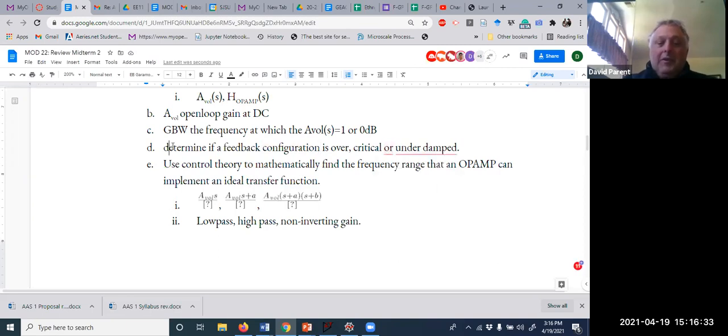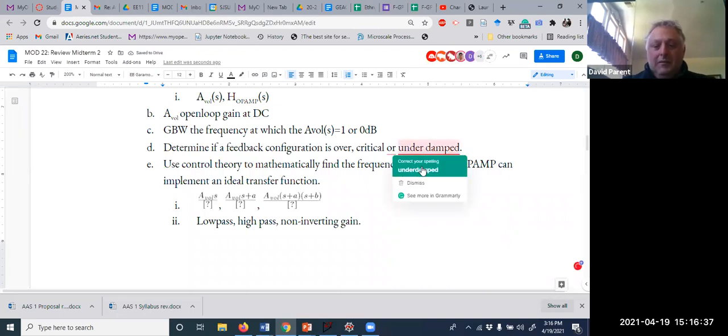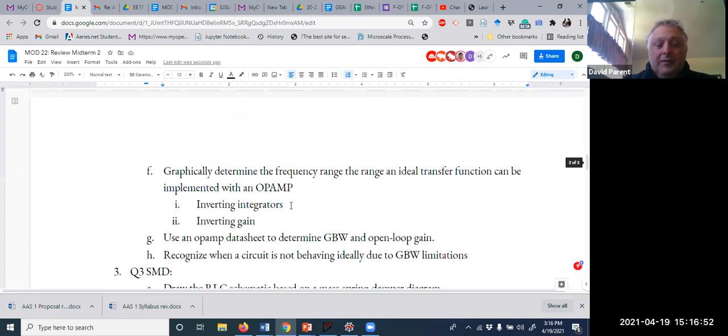On an exam, it'll only be just the one, okay? And I'll fix this later. But it's really open loop gain divided by S, open loop gain divided by a real pole, and open loop gain divided by 2 real poles. All right, that's all that is.